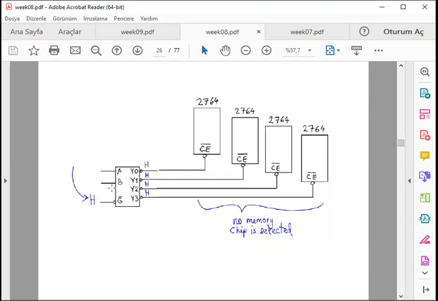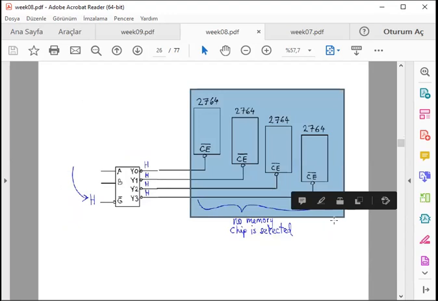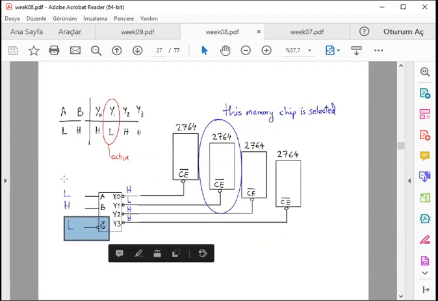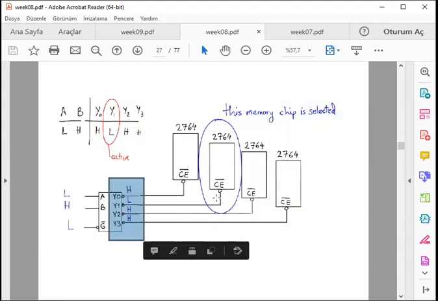If you apply high to the enable, all the outputs are high and none of the memory chips are selected, so they are inoperational. If you apply low to the enable, then this decoder is active, and according to the selection pins A, B, only one of the outputs is selected.